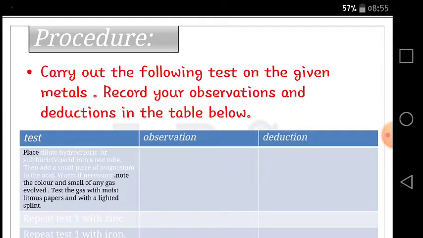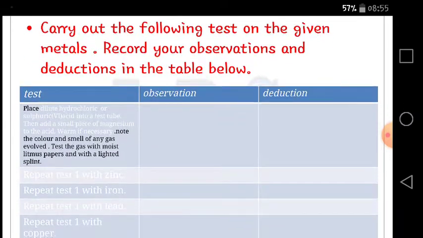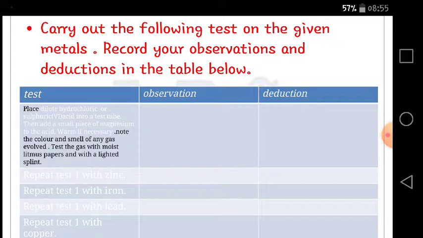Dear students of LPS, to carry out the procedure, we have to follow these steps. Carry out the following test on the given metals, and record your observations and deductions in the table below. This table is given in your practical book. The first step: place dilute hydrochloric acid or sulfuric acid into a test tube, then add a small piece of metal.